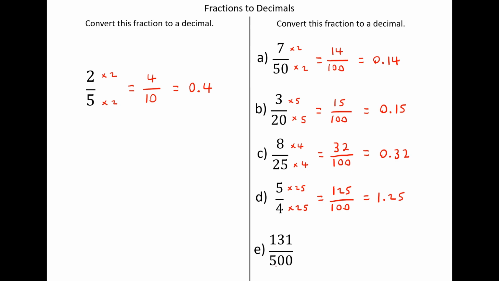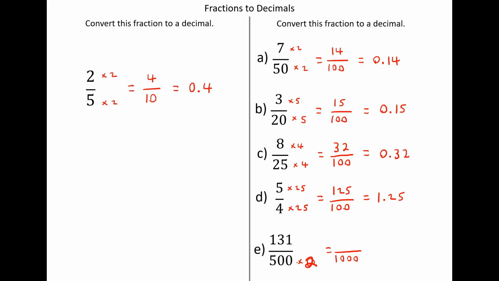Okay, great. Now let's look at our last one here. Here I have 131 over 500. Now, I can divide 500 by 5 to get 100, but I don't believe I can divide 131 by 5 and get a nice number that isn't a decimal. So instead, I'm going to times 500 by 2 here, okay? And upon timesing it by 2, I'm going to get 1,000.